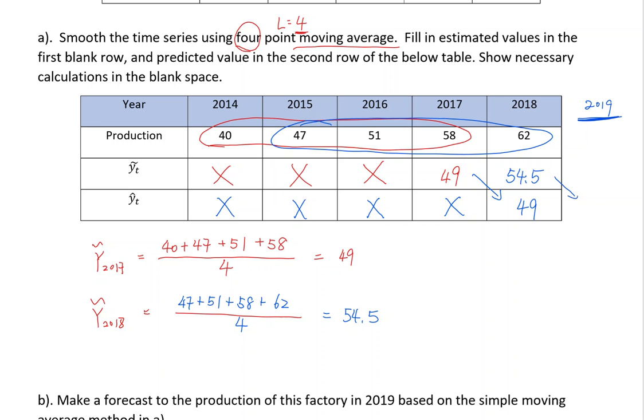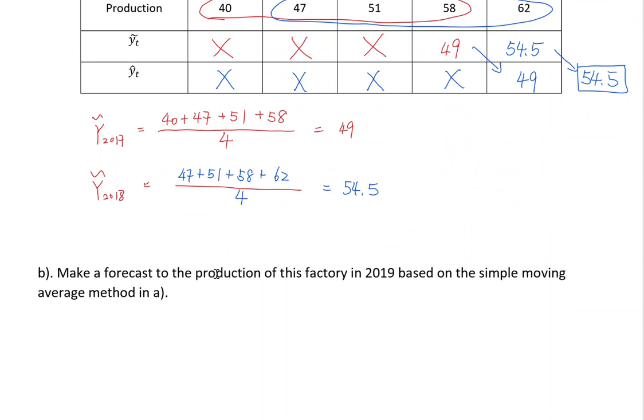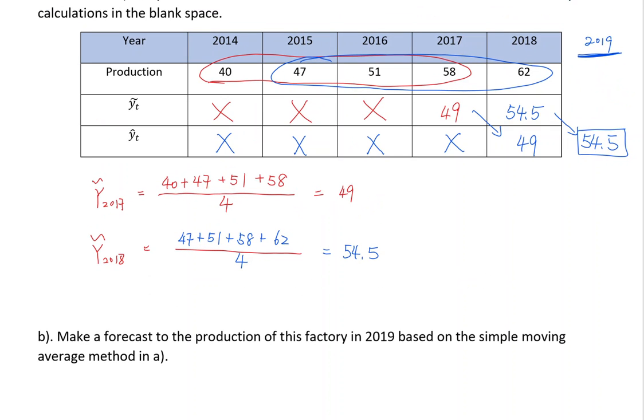So that will be 54.5. All right, so next question. Make the forecast of the production of this factory in 2019 based on the simple moving average method in A, which is just 54.5. That's it.